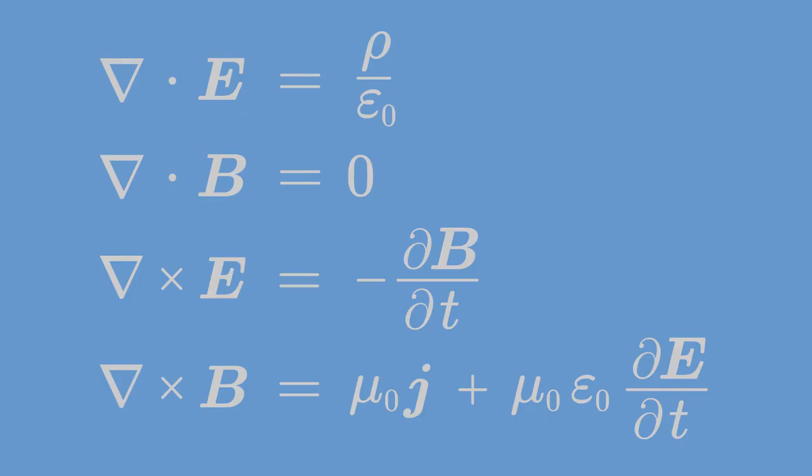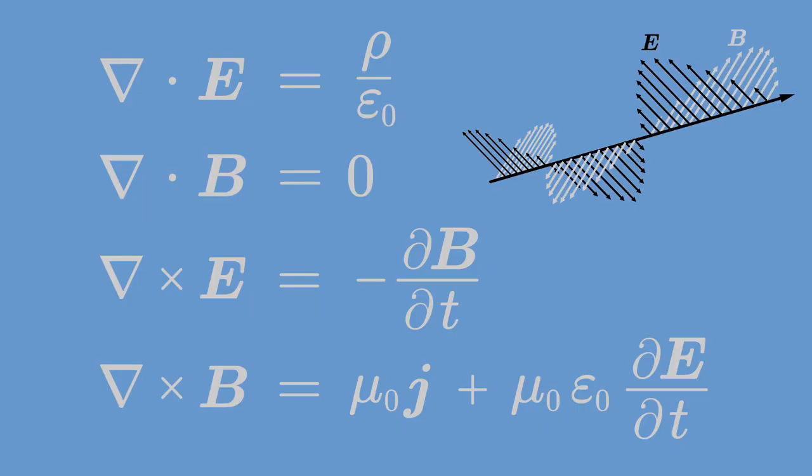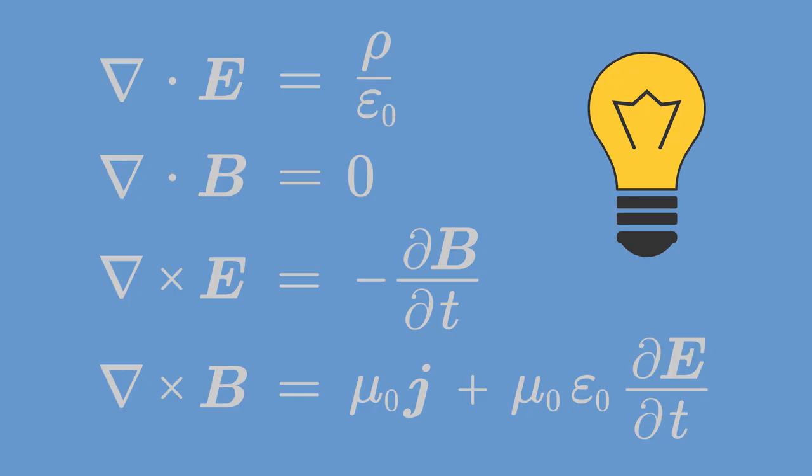Isn't it amazing how much knowledge and how many technical applications are contained in these four equations? By the way, Maxwell equations still hide something interesting that can be revealed by a few steps of transforming the equations. Electromagnetic waves, light. But that's a topic for another video.